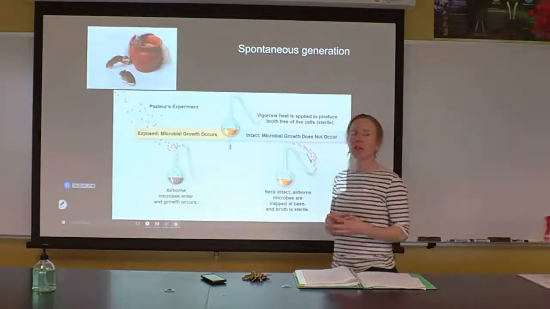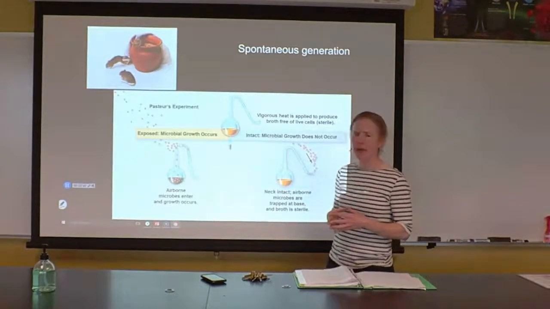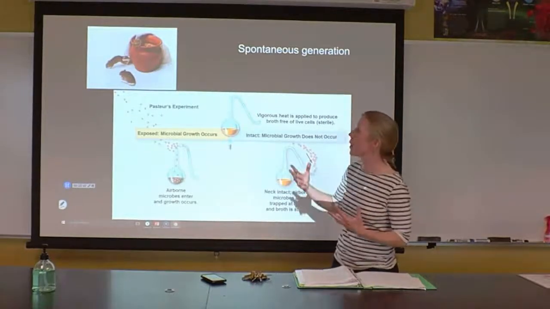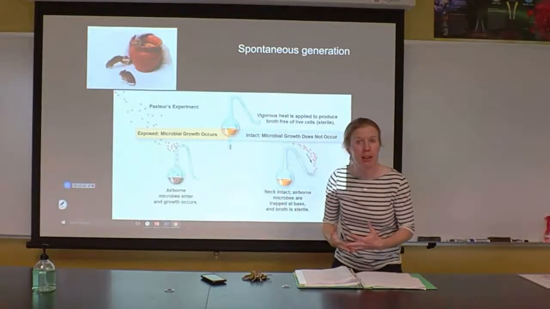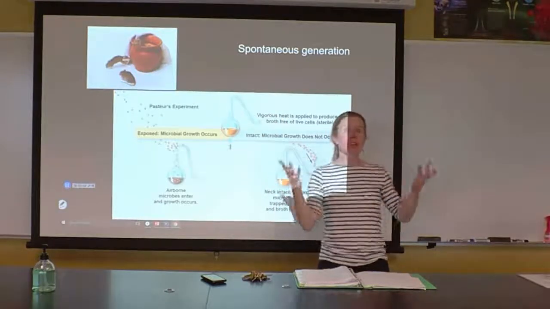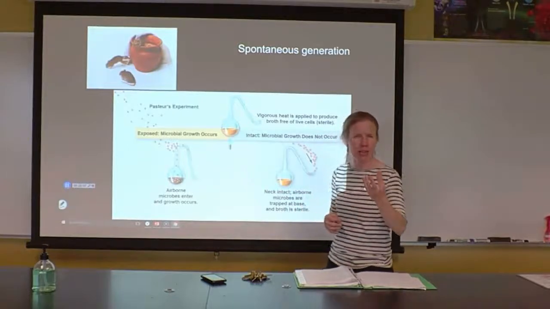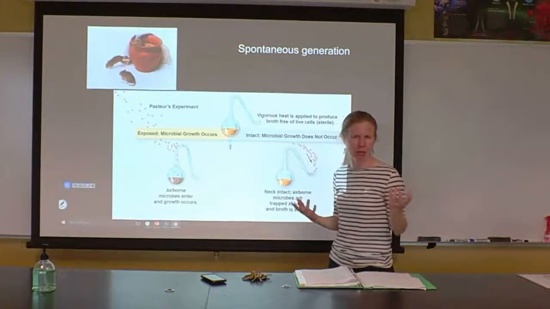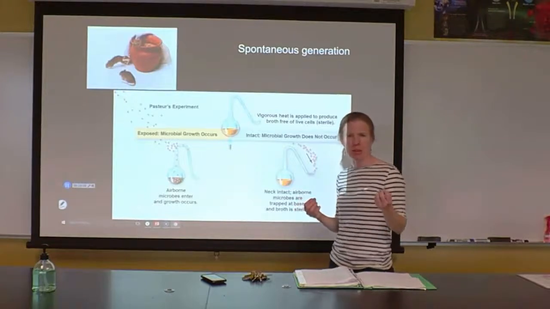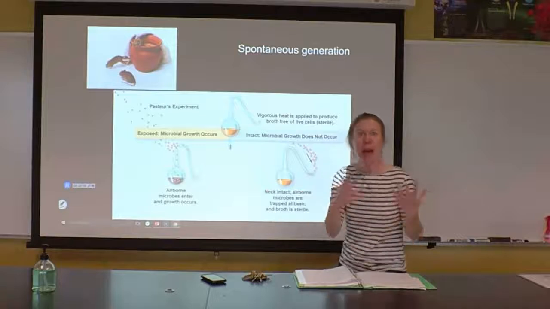So this was the theory, I shouldn't even say theory, this was the belief that people had called spontaneous generation, where like mice are crawling out of this bin of grain. Mice just appeared, right? Or like flies, like maggots start coming out of some meat that you left out overnight, right? That was spontaneous generation. People didn't realize that a fly was laying an egg and a maggot was coming out.